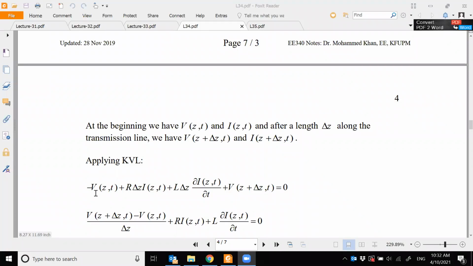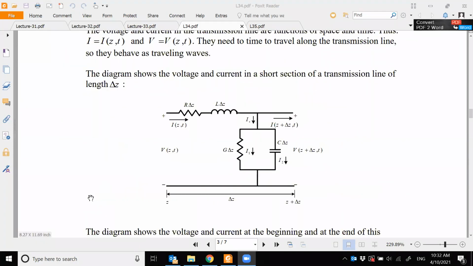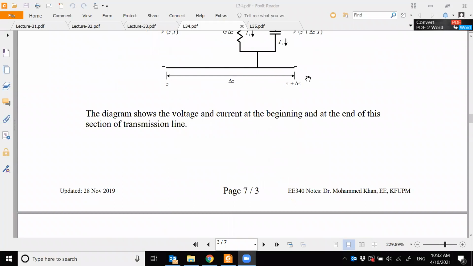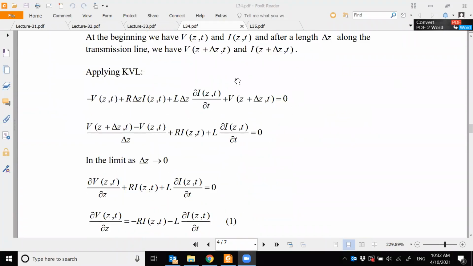What we are getting is minus V plus R times I plus L times dI over dt plus V. I'm just applying Kirchhoff's voltage law to the outer loop, with the inductor and this voltage here. So using this, I get the first equation.